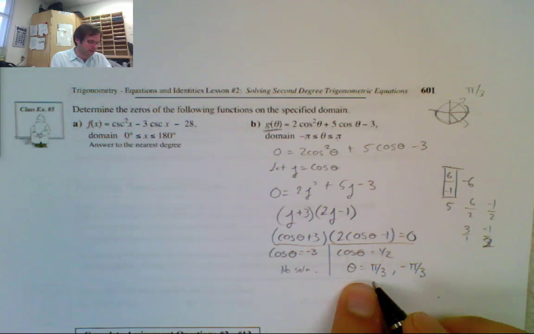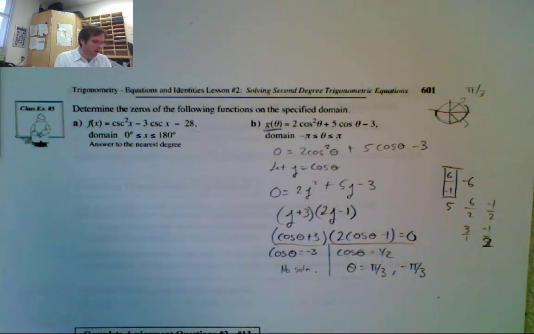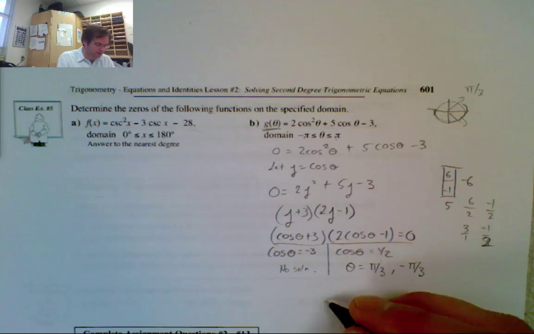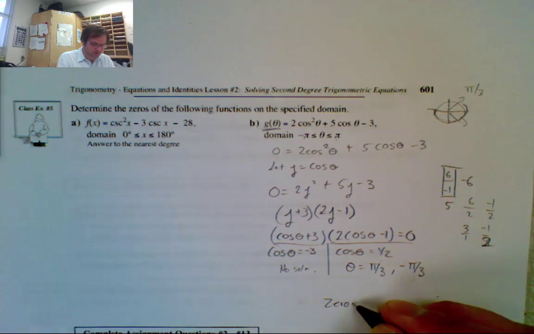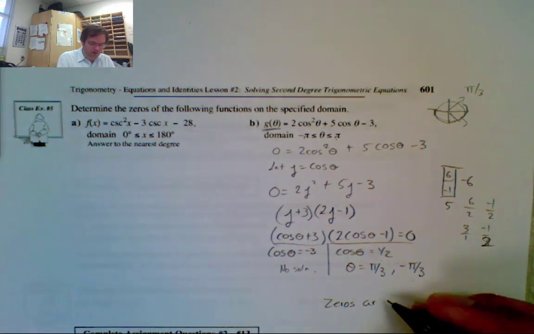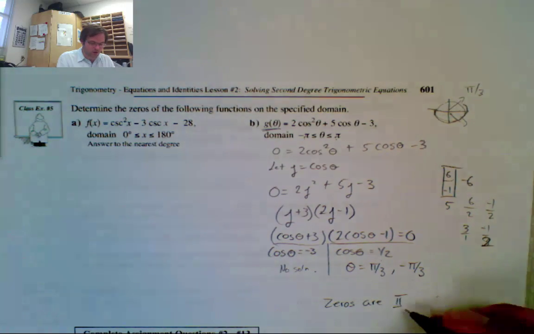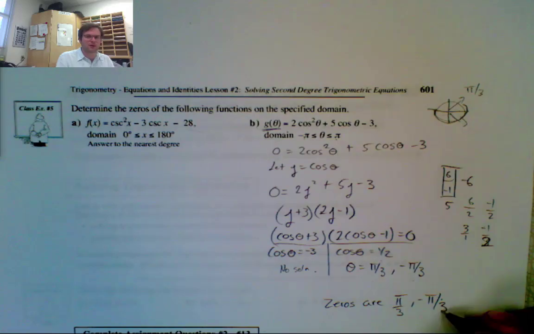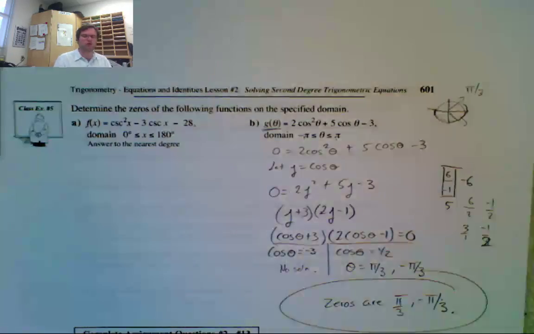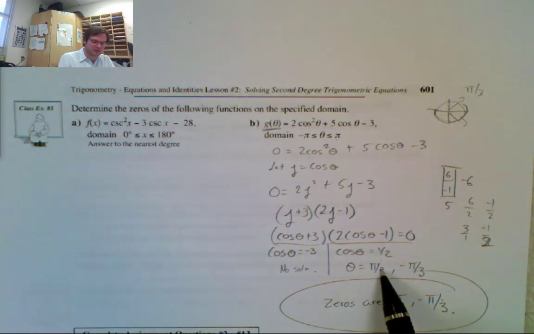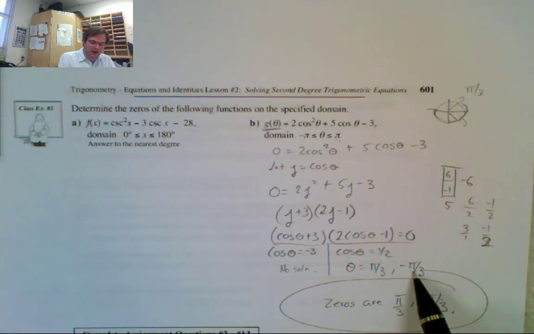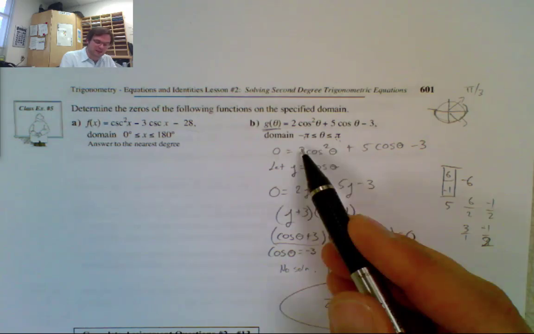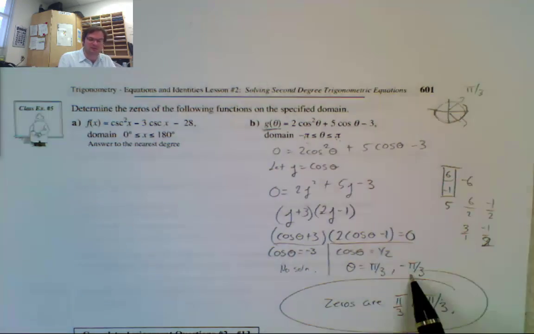Therefore, my only zeros are pi over 3 and negative pi over 3 for this equation. If I added 2 pi to this, that gives me bigger than pi. If I took away 2 pi from this, that's smaller than negative pi, and same thing with that one there.